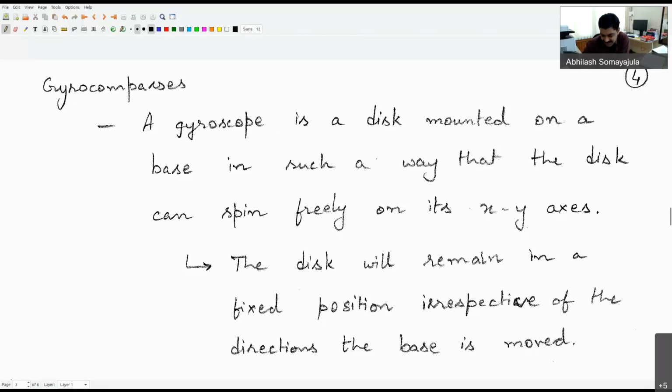A gyroscope is a disc which is mounted on a base in such a way that the disc can spin freely on its x and y axis. Okay, so it's like a gimbal on which you have mounted the gyroscope, and then the gyroscope is spinning.